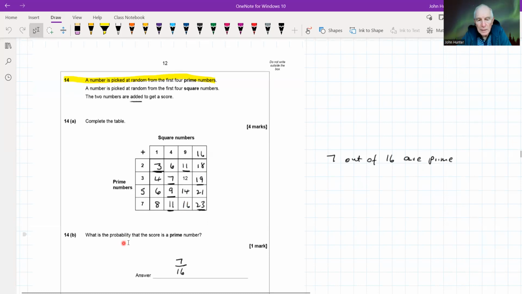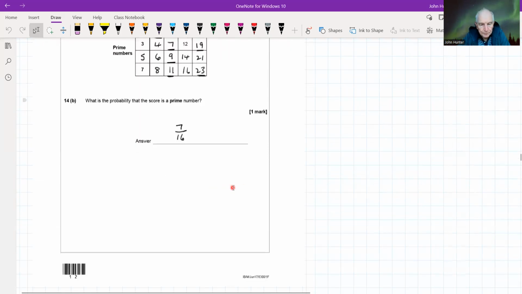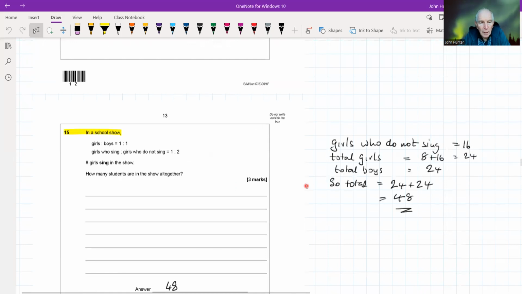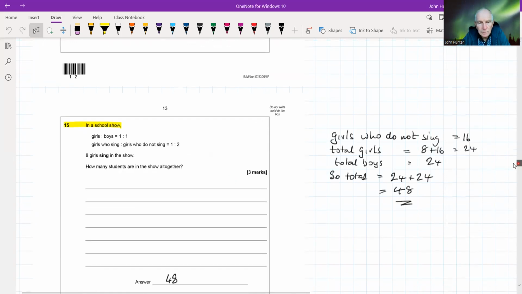So the probability that the score is going to be a prime number will be 7 out of 16, 7/16. It's the probability. We could ask ourselves other questions like, what's the probability it's an odd number? We would have to add up the number of odd numbers, and it would be whatever that is over 16, and so on.